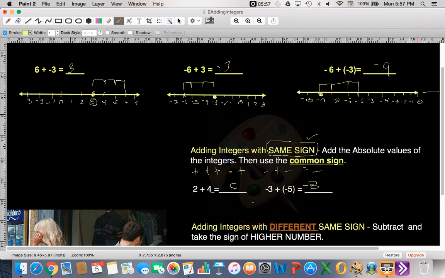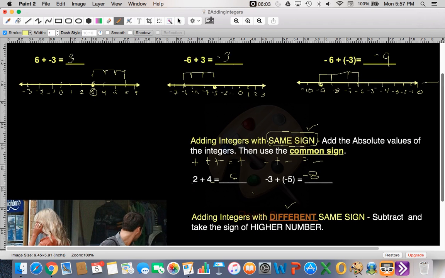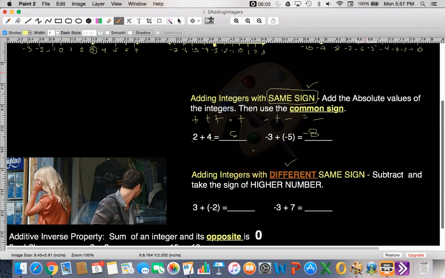Now, when you're adding integers with different signs, how do we go about that? Subtract. When adding integers with different signs, you always think of subtraction, and take the sign of the higher number.